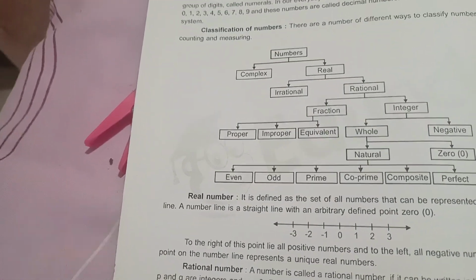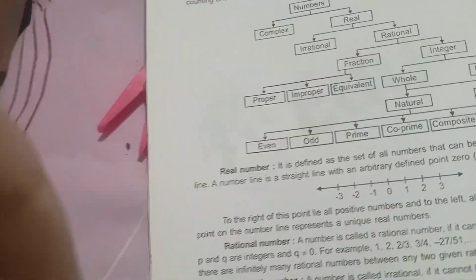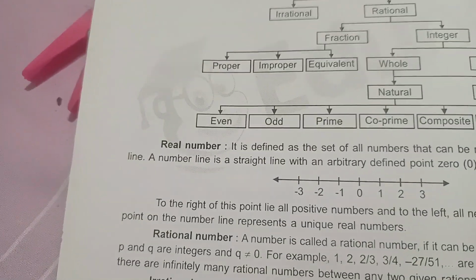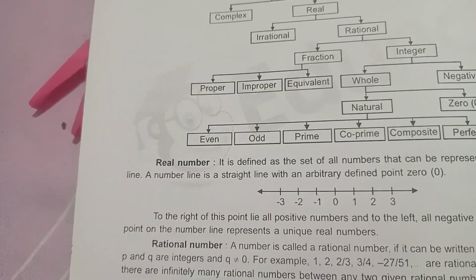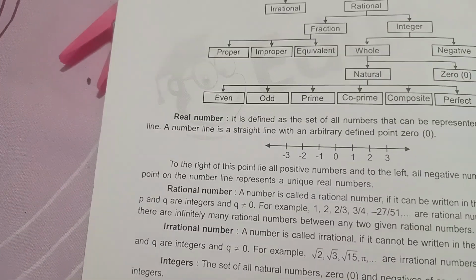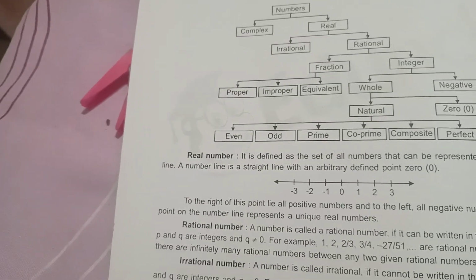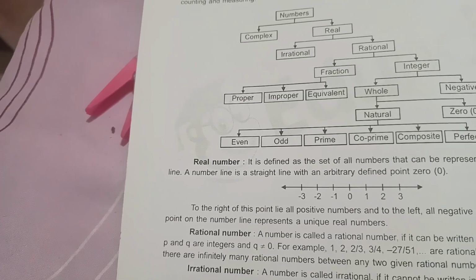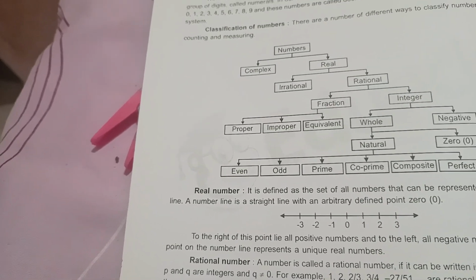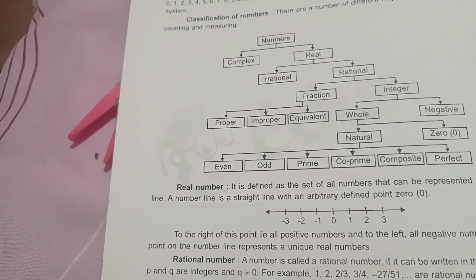Okay, now let's know about real numbers. What do you mean by real number? Real number is defined as the set of all numbers that can be represented on the number line. A number line is a straight line with an arbitrarily defined point 0.